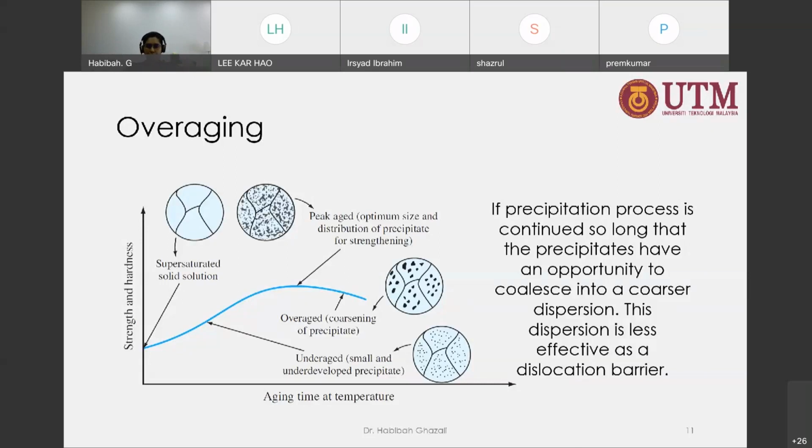So we will have very small and underdeveloped precipitates. If the precipitation process continues for so long, the precipitates will have the opportunity to become bigger. That's grain growth; we learned that in lab module 4 as well. It allows more atoms to diffuse, so the precipitates become bigger, and they are less effective as a dislocation barrier.